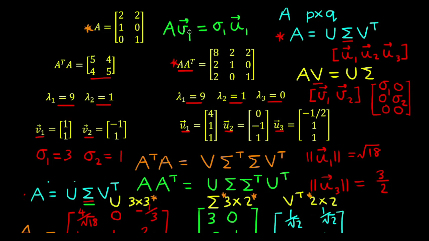So in general, we have AVi is equal to sigma i Ui, up to i equals r, where r is the rank of A. So therefore U is an orthonormal basis for the column space of A. And as we saw, V orthogonally diagonalizes A transpose A, and U orthogonally diagonalizes A A transpose, and sigma contains the singular values of A on the diagonal.